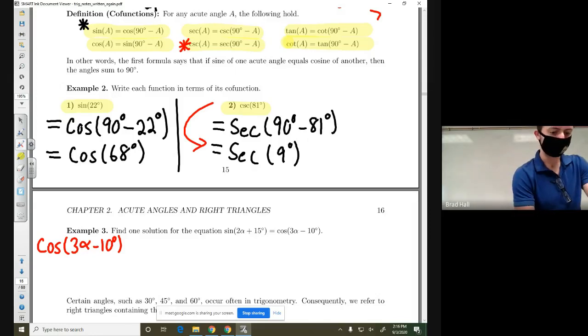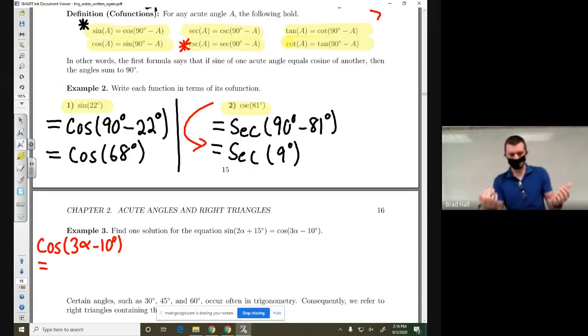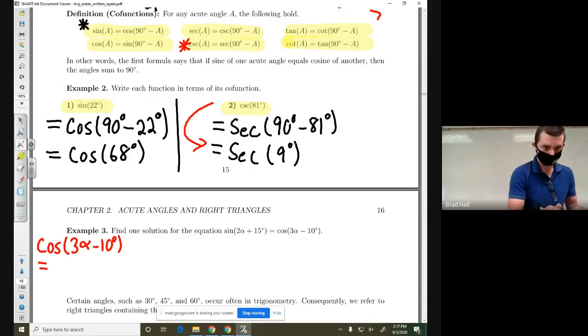We're going to take this and rewrite it in terms of its cofunction. My motivation for thinking cofunction is this is how we get cosine in terms of sine. So the question now is, how do we do that? We use the formula up here, which tells us how to do so.